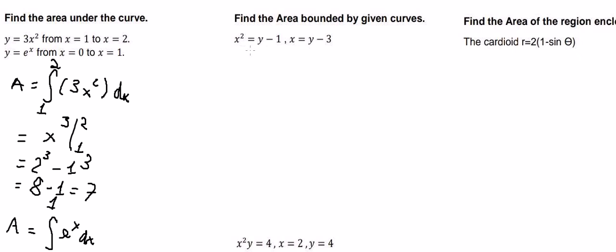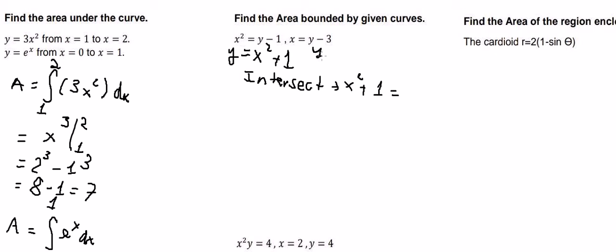The next one, we've got x squared equals y minus 1 and y equals x plus 3. So we put y equals x squared plus 1. So we need to find the intersection in here. That should be x squared plus 1 equals x plus 3.